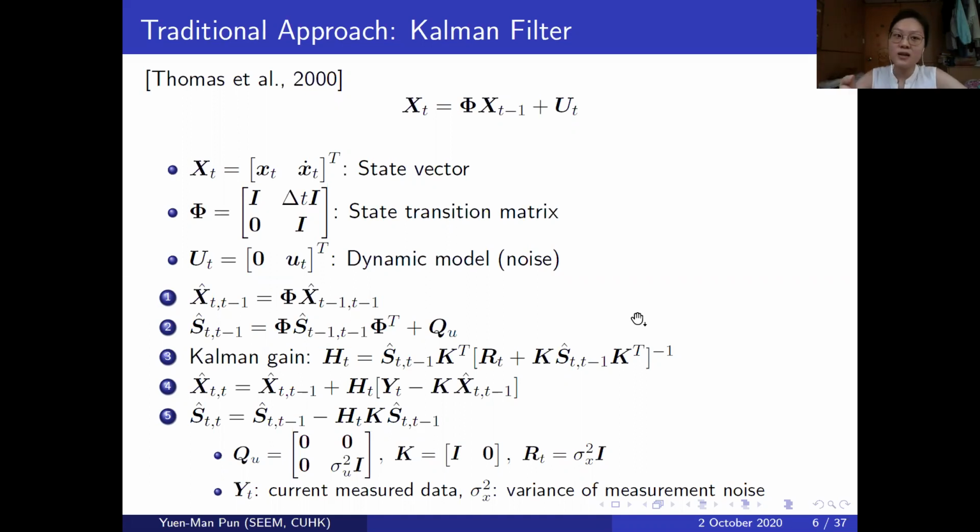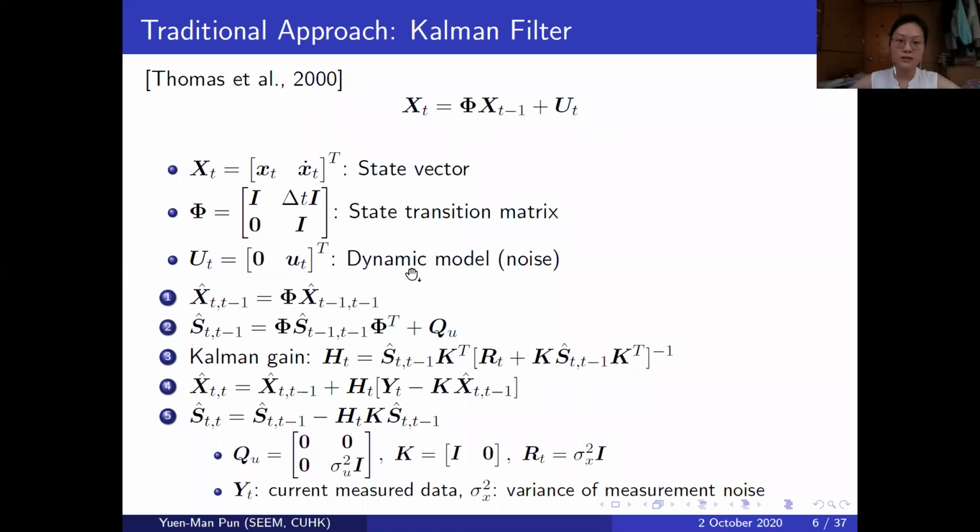As you can see, in the traditional approach, the Kalman filter, or the online approach that we're going to introduce later, both use previous information to update the new estimate. In a Kalman filter, the location evolves by a linear model described here. X_t is a state vector, containing the location and also the velocity. Phi is the state transition matrix, and delta t is the time difference between each time step.